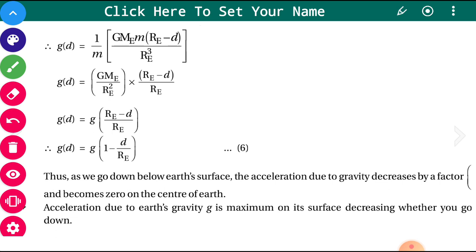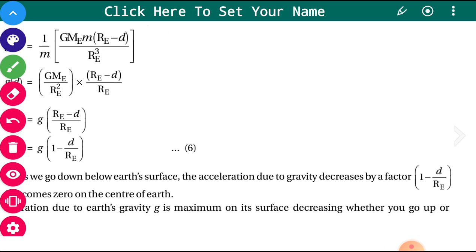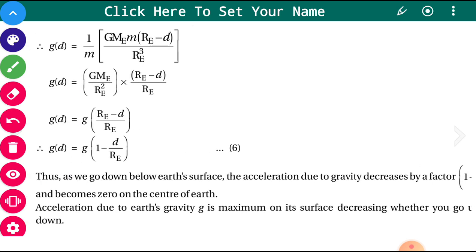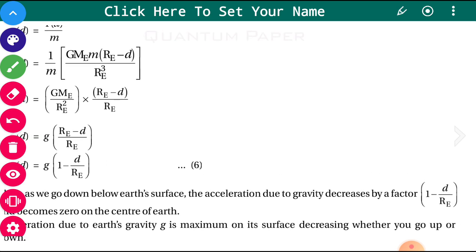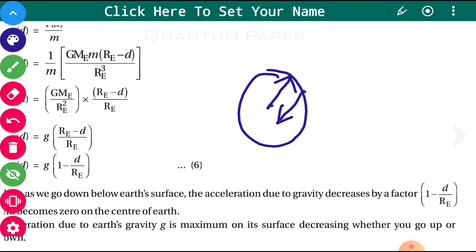So the acceleration due to earth's gravity g is maximum on the surface and decreases whether you go up or down. From the center to the surface it increases, and from the surface to the center it decreases. At the center it is 0.